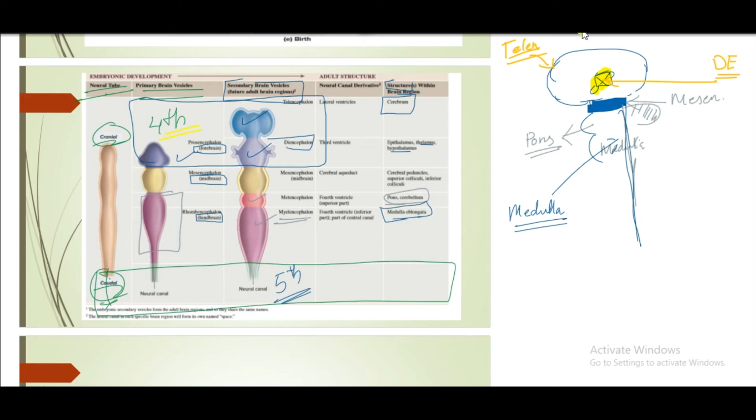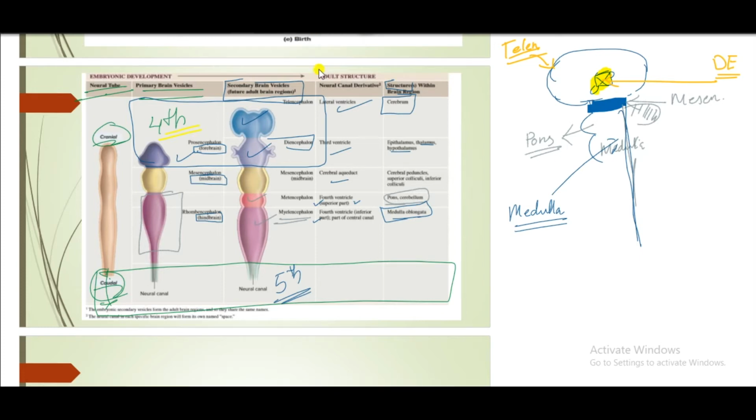Okay, you can see some canals or cavities inside the brain, and these cavities are neural canal derivatives, namely lateral ventricle, third ventricle, cerebral aqueduct, fourth ventricle, and it has two portions, superior part and the inferior part.